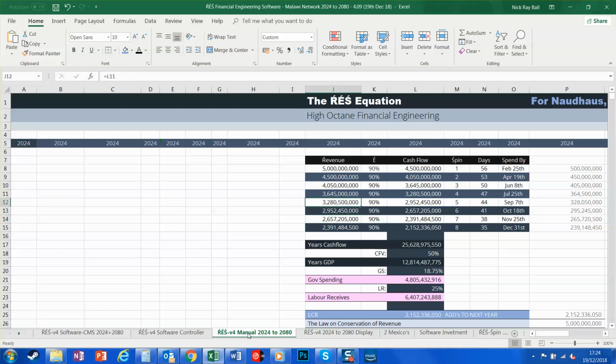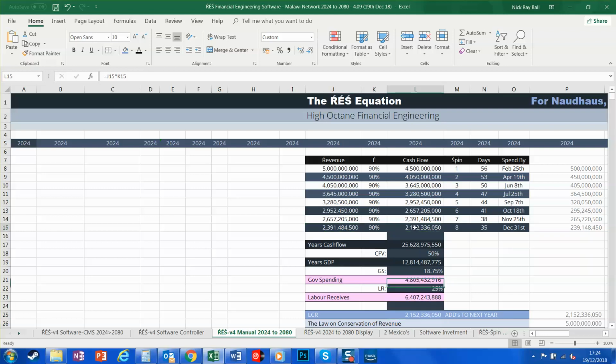And each time it happens, we can see the amount of cash flow gets less and the amount of revenue gets less. Now, this is important because we see this revenue here appears, no, this here appears here.